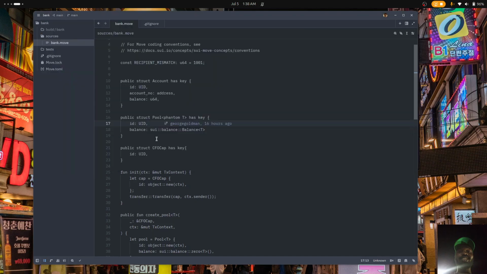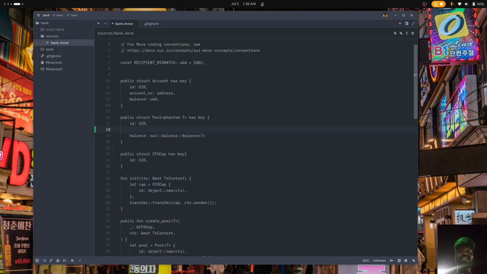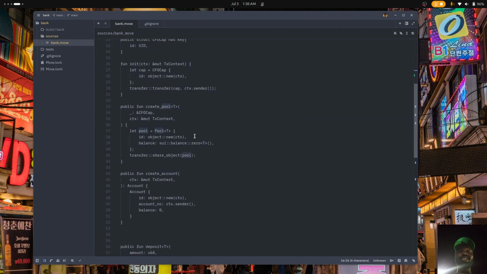So we need a string, a name, to identify this pool, so that wherever this pool is used, we'll have to pass a name for it.